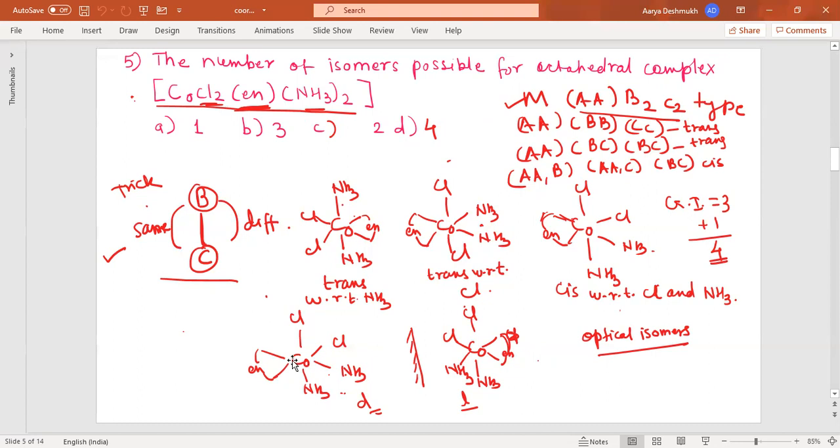So this is the situation. So out of these three isomers, which will be optically active, for this type of complex you can use this trick. Remember, it's a little trickier one. So you can remember this type of complex. Now the next. So the answer for this would be 4, option D. Okay. So the answer here is D, that is 4. So I can write here, take the answer, that is D. The number of possible isomers is 4.